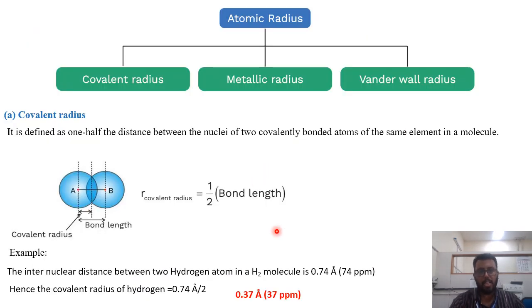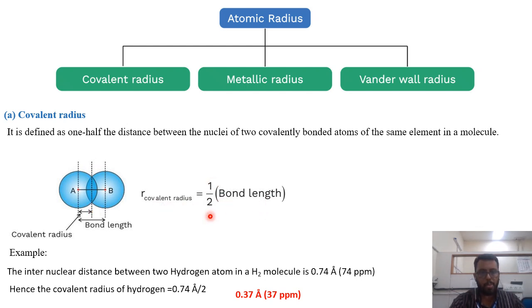Atomic radius and ionic radius. There are three types of atomic radius. One is covalent radius, metallic radius, and van der Waals radius. For instance, covalent radius is defined as one half of the distance between the nuclei of two covalently bonded atoms like hydrogen. So here the orbitals overlap, and you have to calculate the distance between the two nuclei of these atoms, and half of it will be the covalent radius.